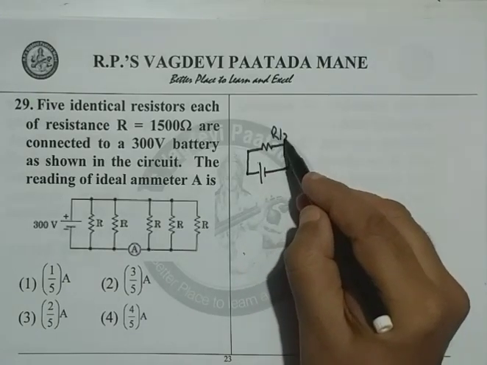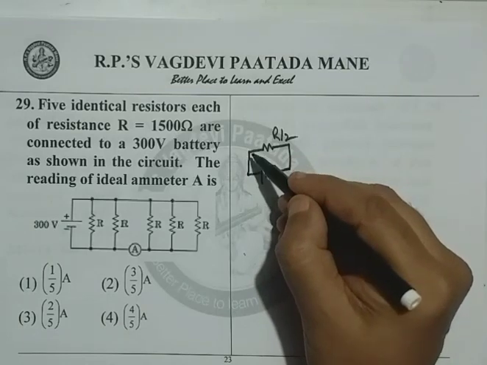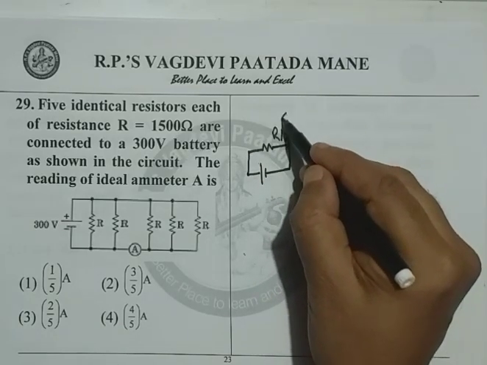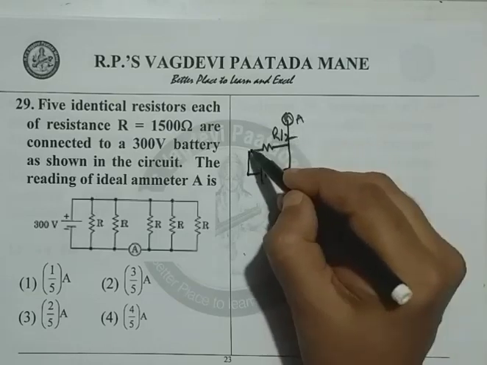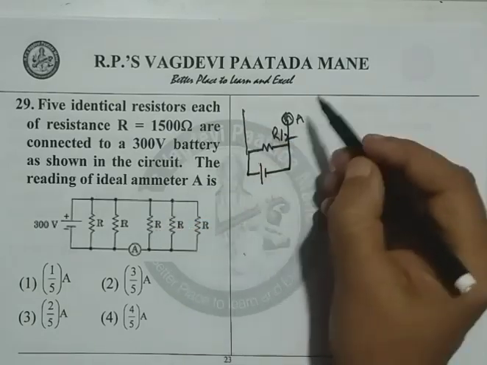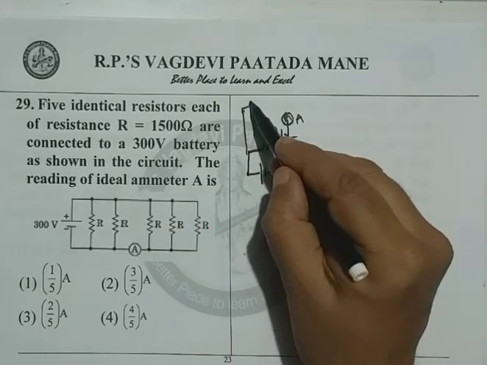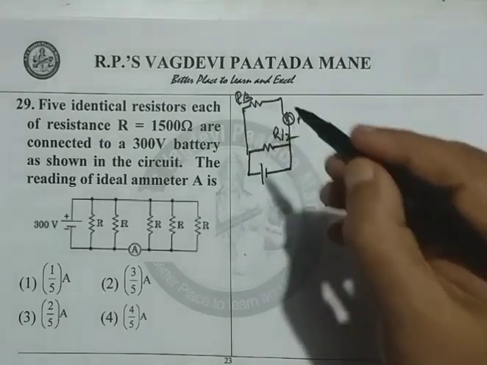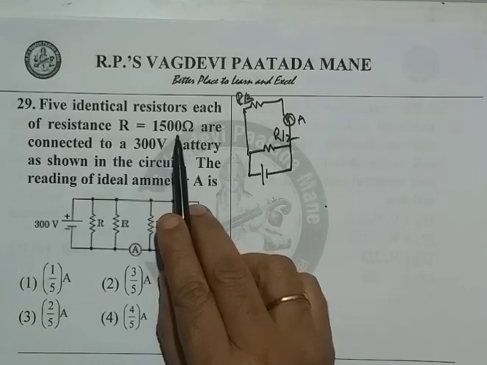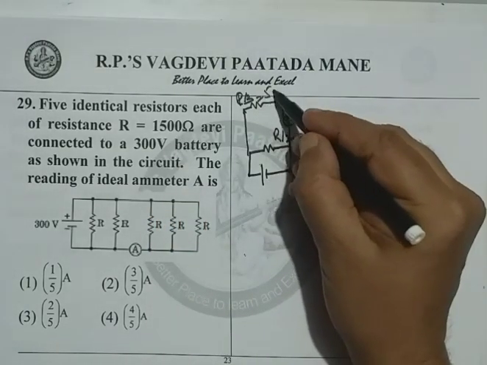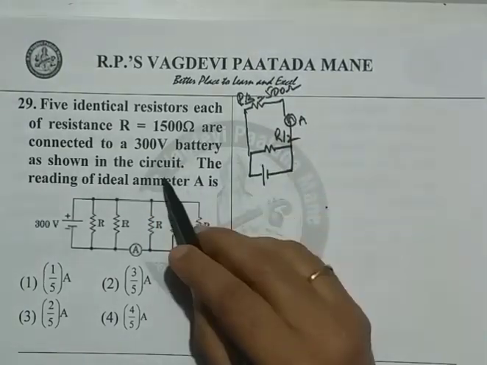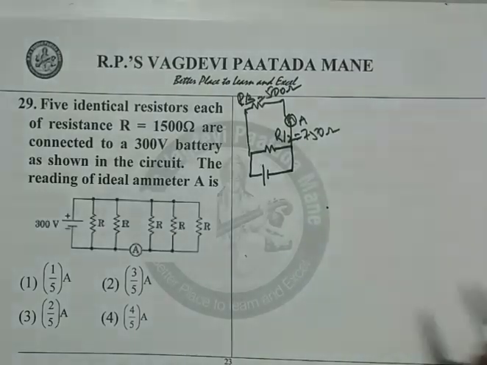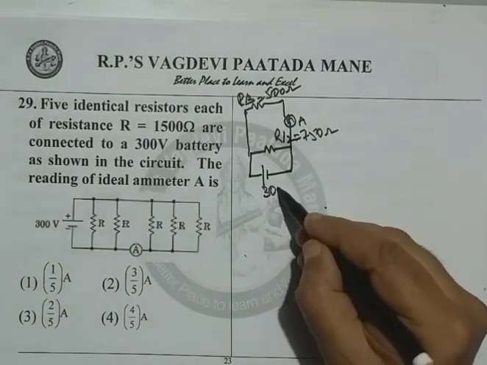Which is R by 2 for two resistances, and then there is an ammeter, and from there is R by 3 combination. As R is 1500, R by 3 is 500 ohms, R by 2 is 750 ohms. And applied voltage is 300 volt.